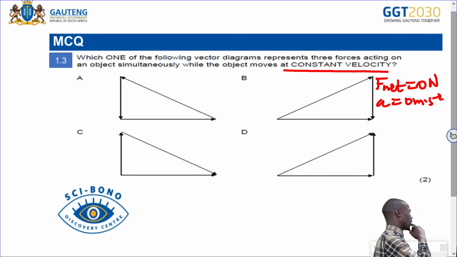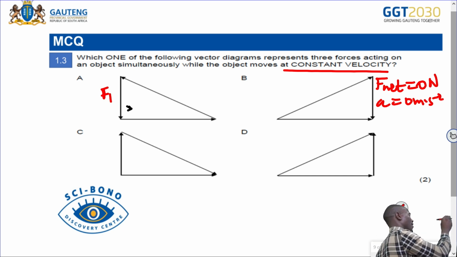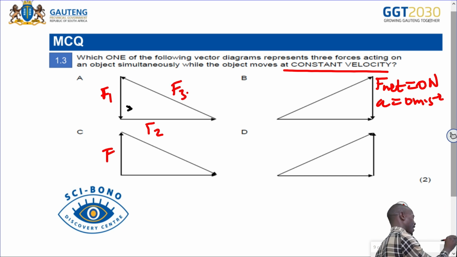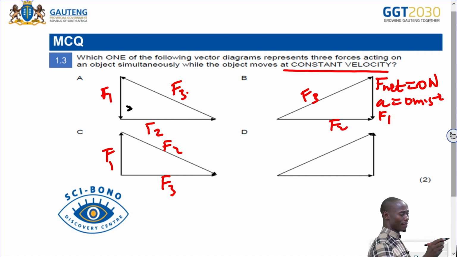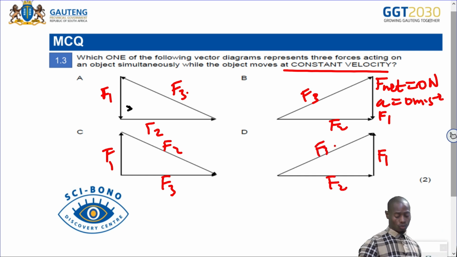If you check the first one, let's say this is your F1, this is your F2, and this is your F3. So let's do the same here: F1, F2, F3.